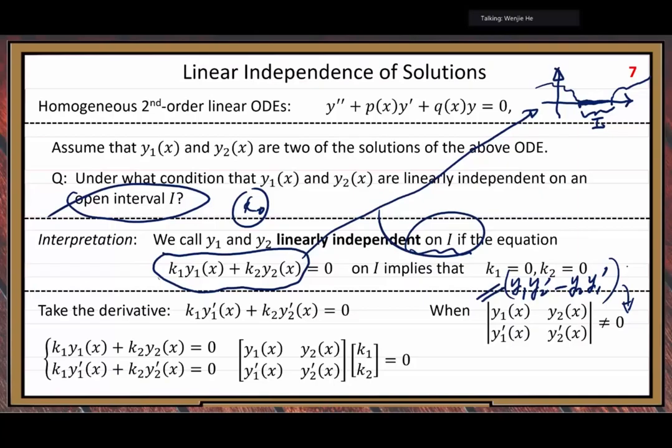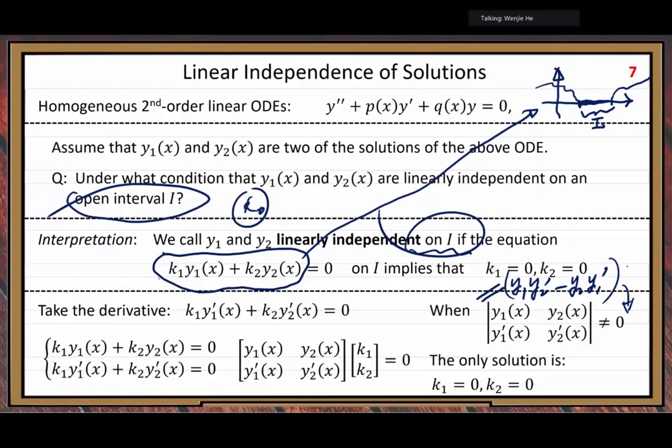So if the determinant is non-zero, the only solution is 0, 0. That's the linear algebra result.